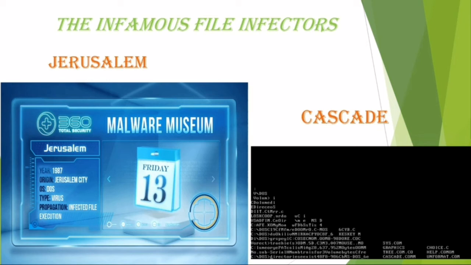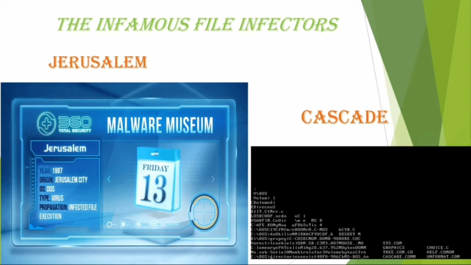So now we will discuss the second most popular file infector, none other than Cascade. This type of file infector has a very interesting story behind it, but before telling you that, let's understand what a Cascade virus actually is. It is one of the most notable types of malware that affected the MS-DOS system.